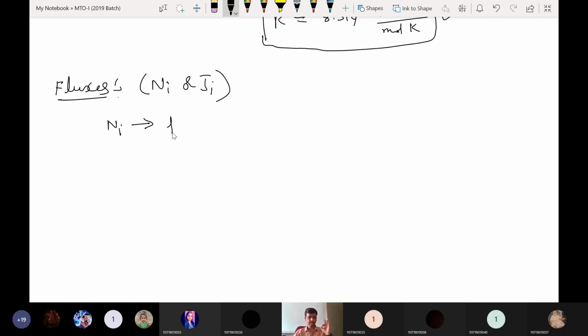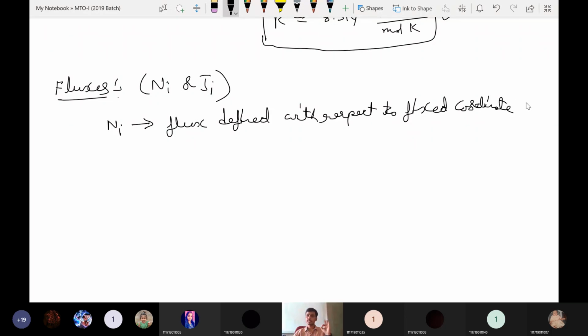Ni is a flux defined with respect to a fixed coordinate system, or fixed reference framework.